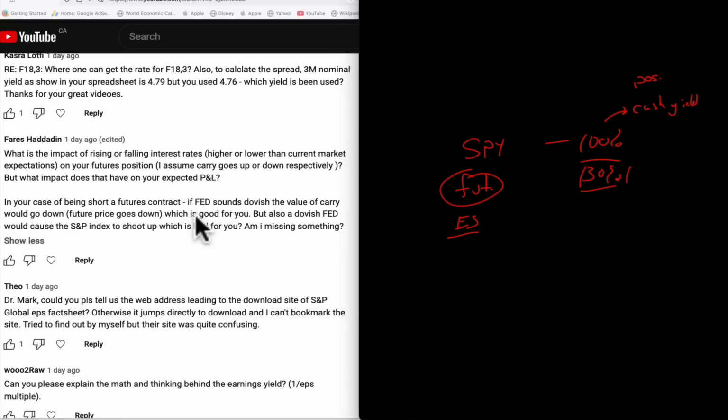What is the impact of rising or falling interest rates on your futures position? What impact does that have on your expected P&L? If interest rates go up, the carry goes up. But it does not matter whether the carry goes up or carry goes down. In my P&L for the day, it'll show that, yeah, on the mark to market, either I made or I lost that day.